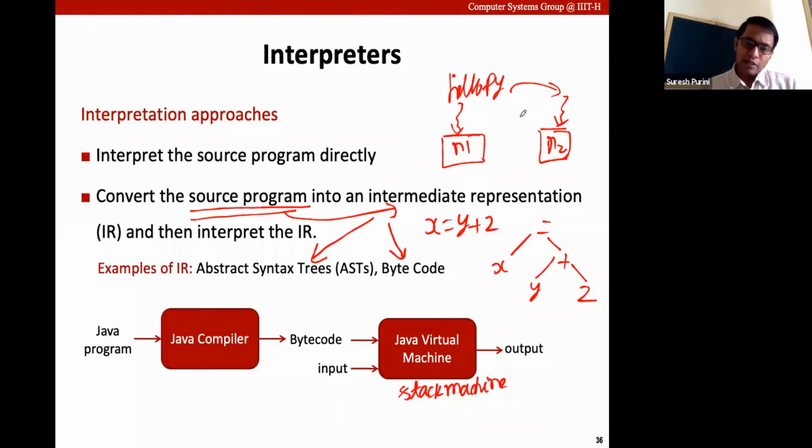In fact, the origin of the Java programming language is in the context of the web, where there are programs which you would like to run on your web browser. If programs are compiled into native code, then different machines across the world will have different architectures.